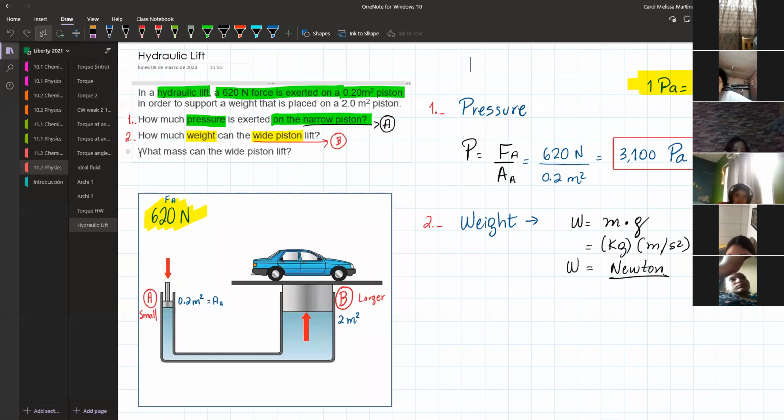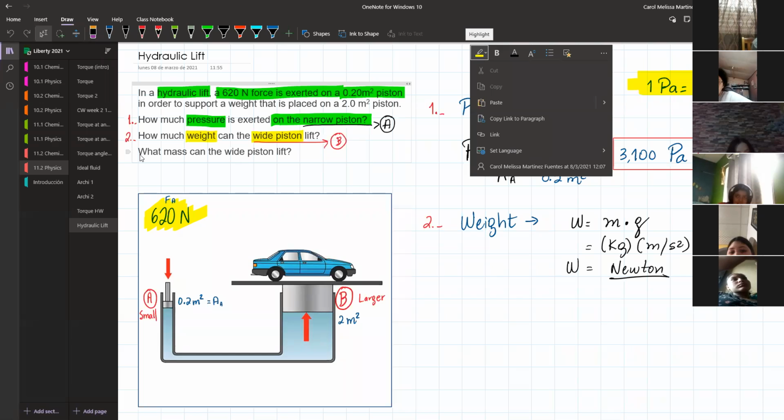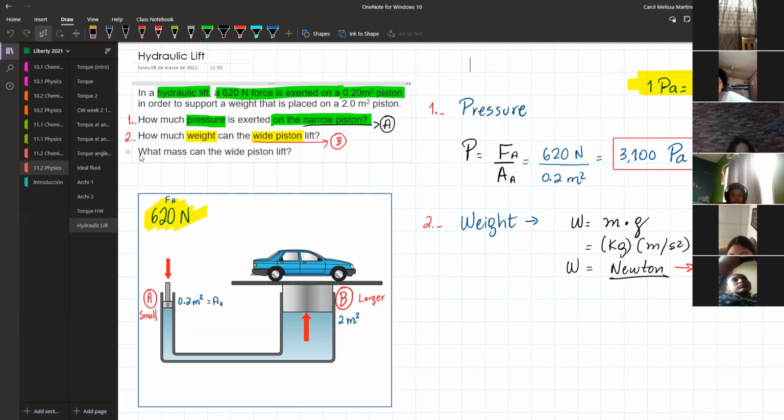Now, Newton is a unit for what? Pressure, force, area, volume, for what? Force. Okay, so with Newton, we measure force. That is correct. So weight, in other words, is another example of force.